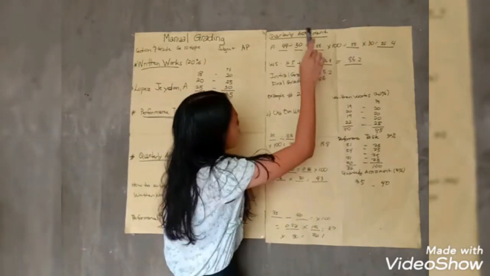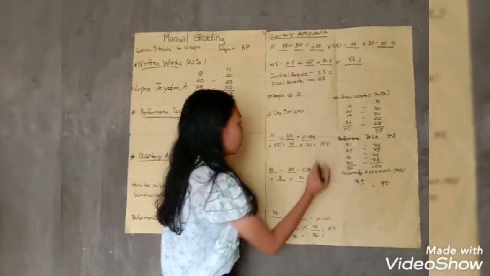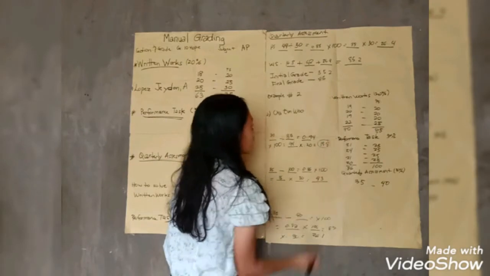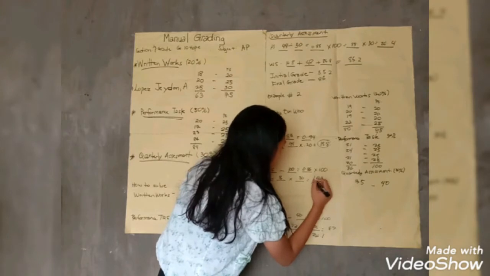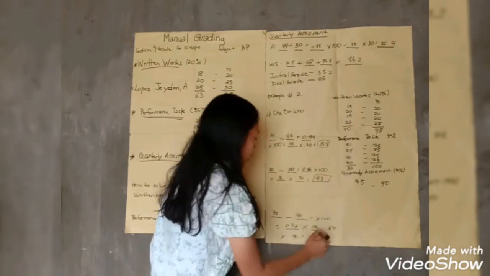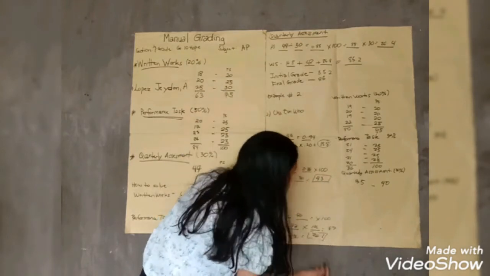So first, in written works, we got 18.8. Second, 43. Third, 26.1.